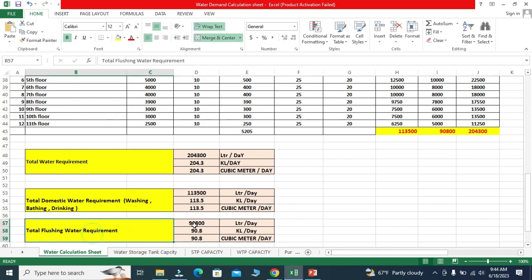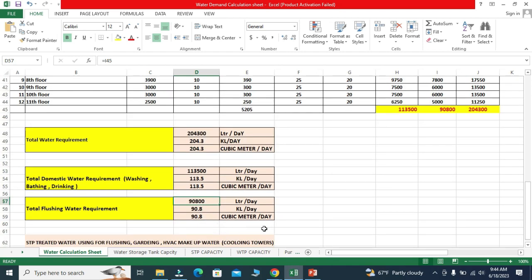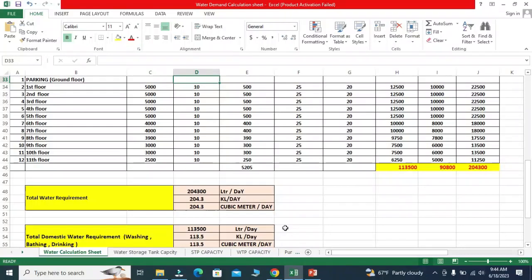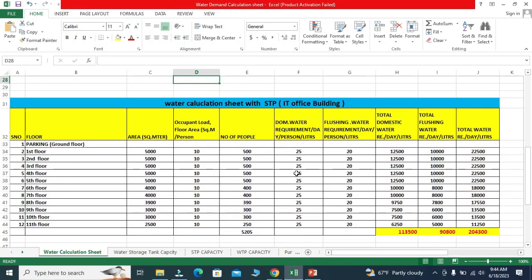Then again for flushing, 9,800 liter, that is 90.8 kiloliter per day consumption. In this way we can calculate the water requirement of the respective building, as per your plan and as per the NBC code.